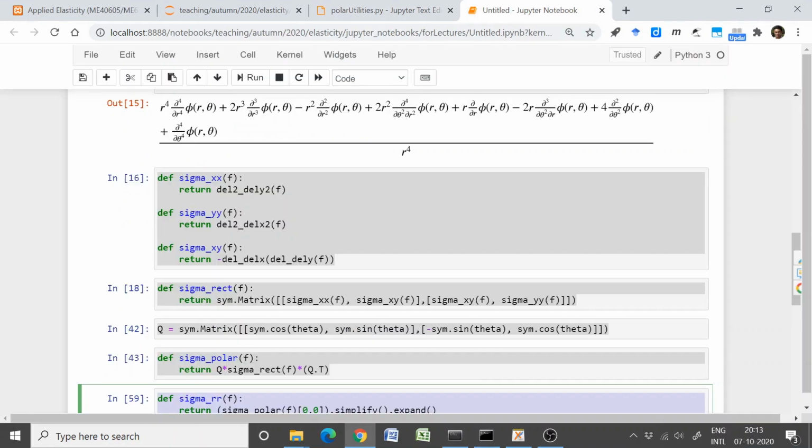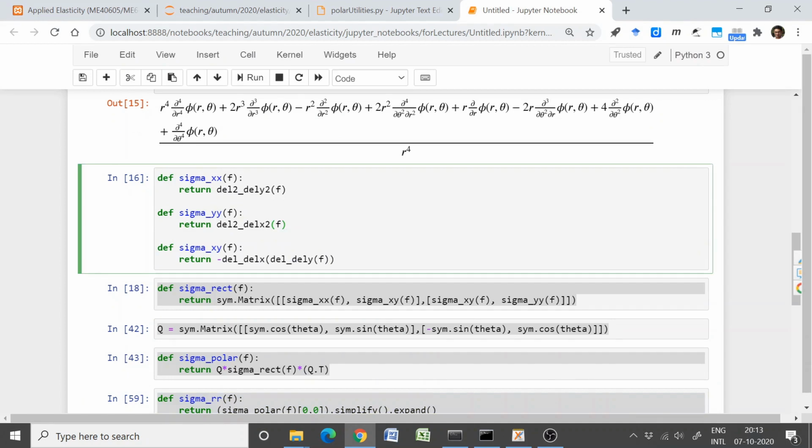Now let's say we close this file. Okay, I have saved it. I'll just close this file.